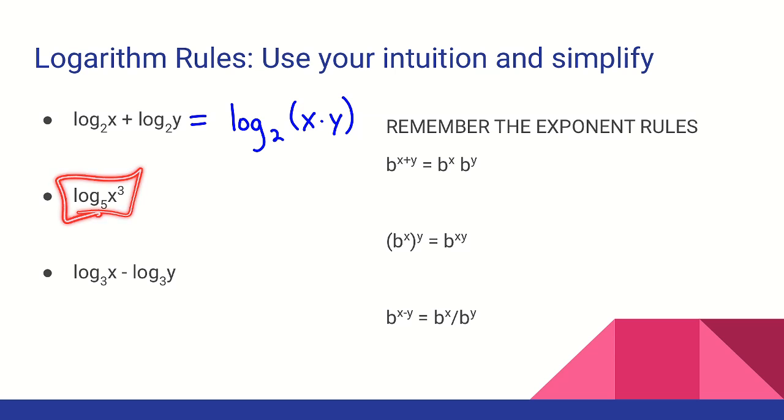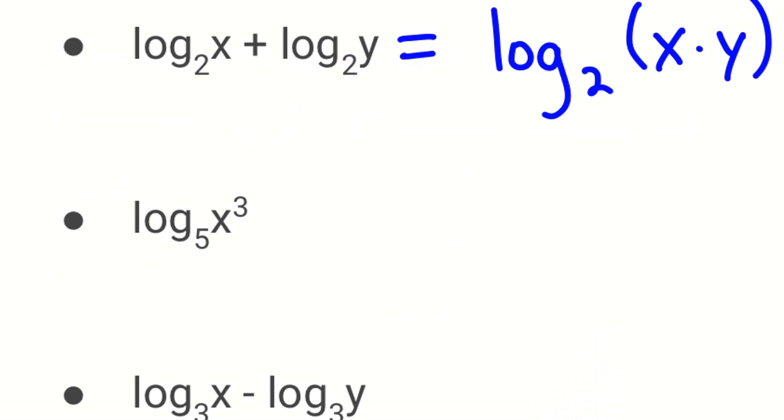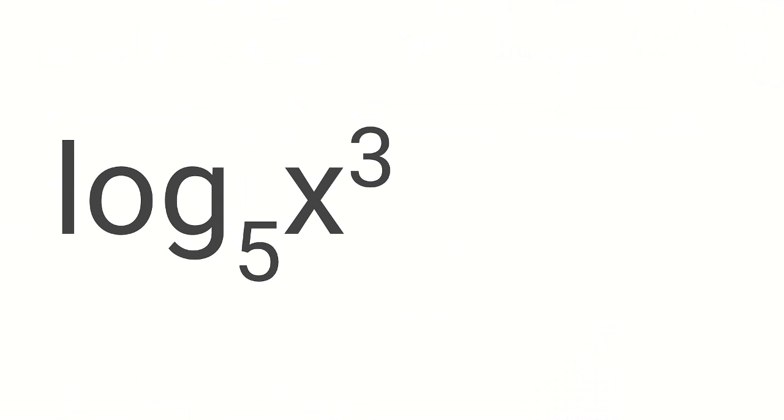On this one, notice we have log base 5 of x to the third power. So really here, I'm going to zoom in for just a moment. It's important to know that the argument is x to the third.